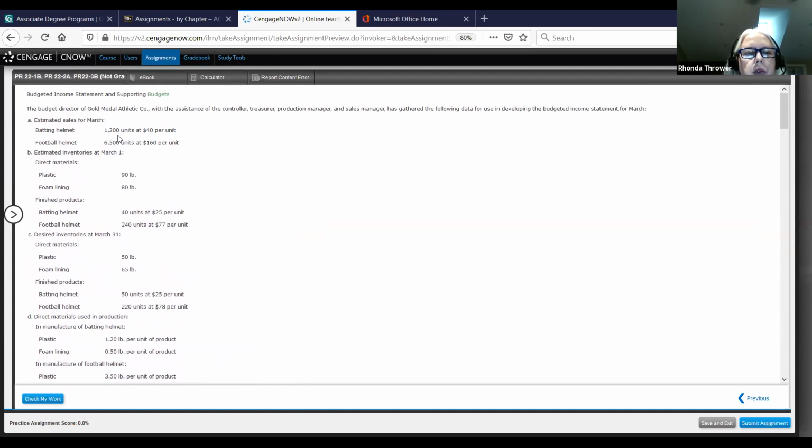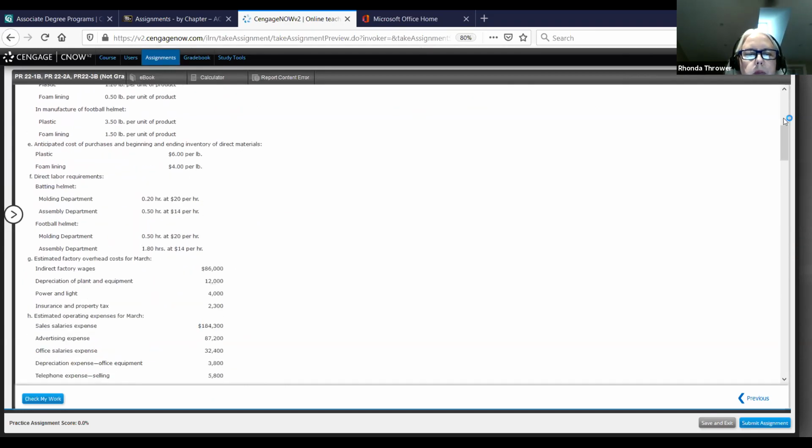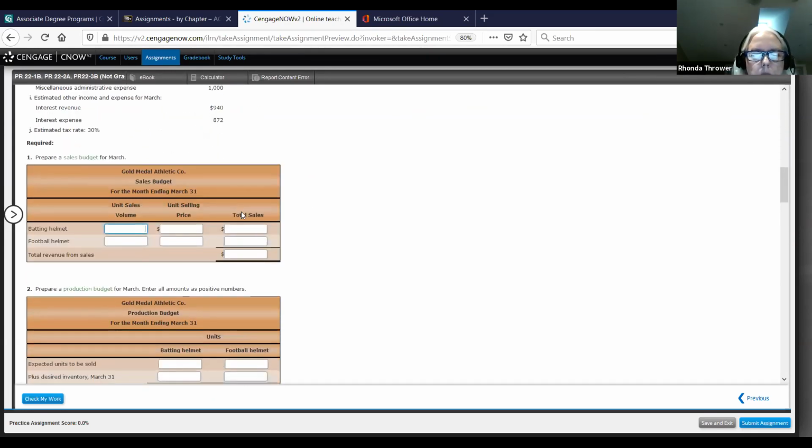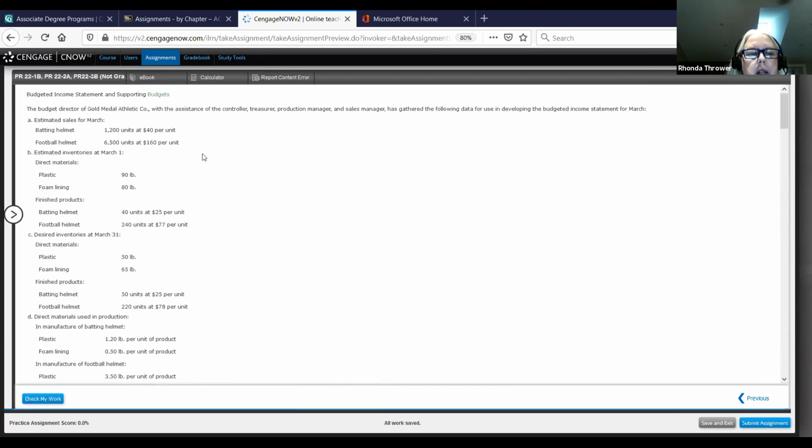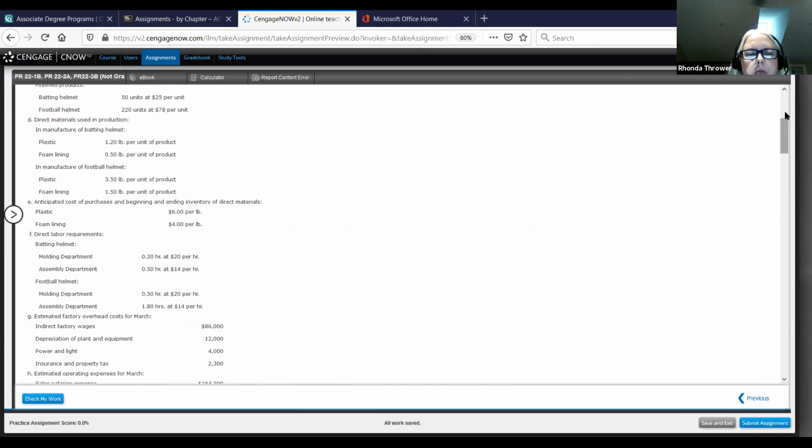The sales units for the batting helmets is 1,200 units. We're also going to pick up the sales units for the football helmets, and that too was given. This information has 6,500 football helmets that we're expecting to sell.